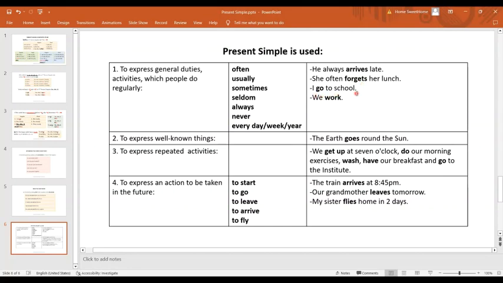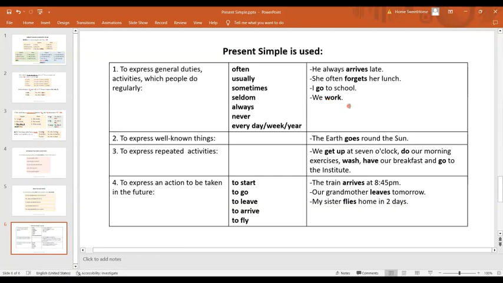I go to school. It is a very simple sentence, and it means that I go to school very, very often. So it shows you how regular, how frequent, how often you do something. We work.